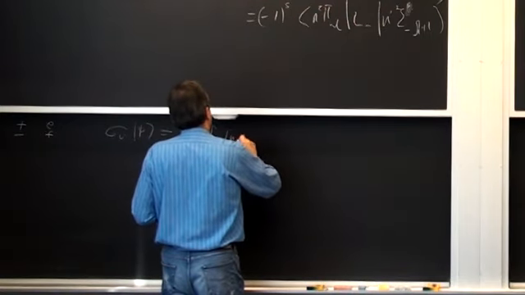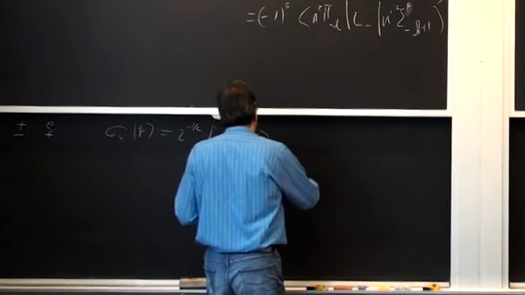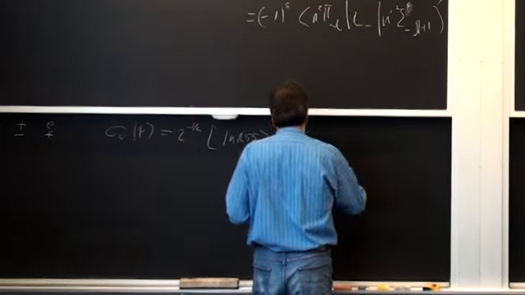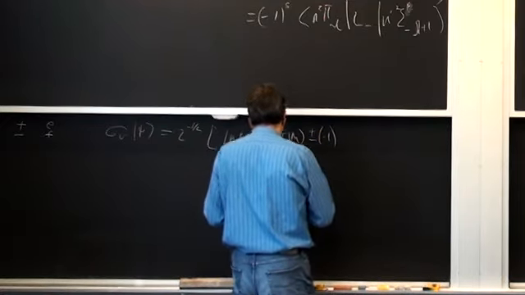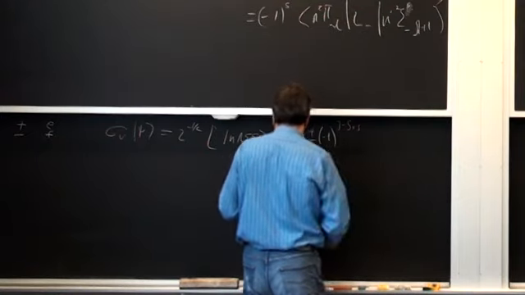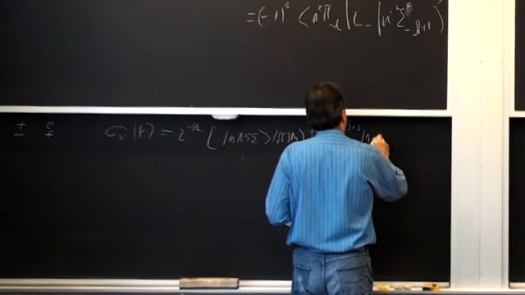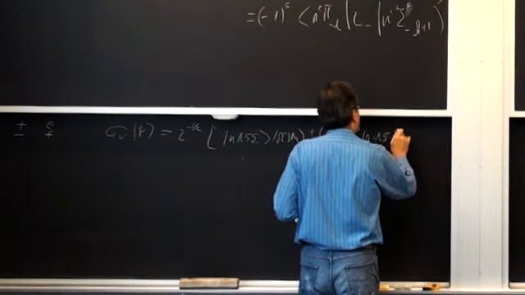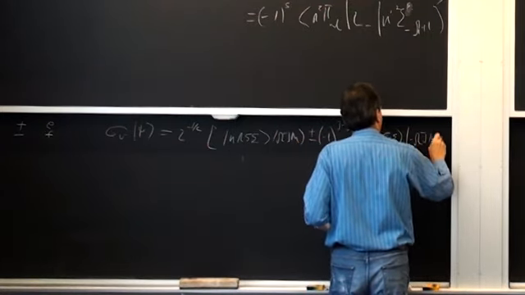n lambda s sigma omega j m, plus or minus -1 to the j minus big S plus little s, n minus lambda s minus sigma minus omega j m.